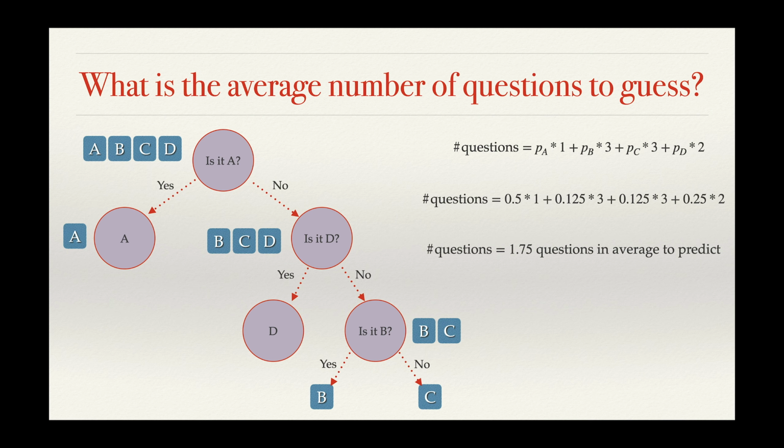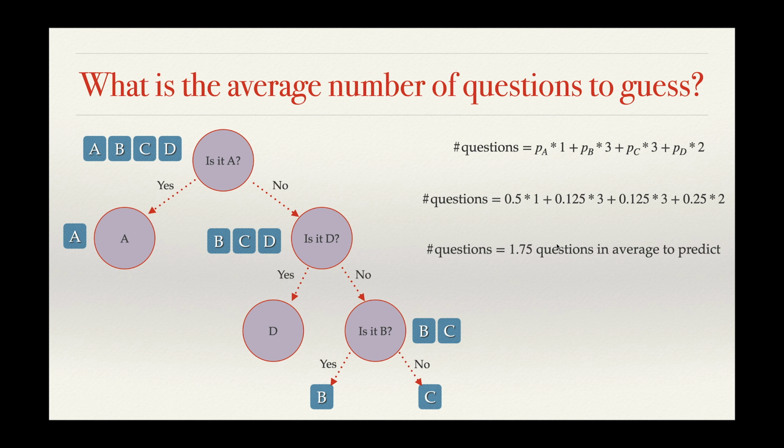Now when it comes to machine 2, we actually have something different, because for symbol A, we have only 1 question to get to A with 0.5 probability, plus 12.5% multiplied by 3 to reach B. So we have the first question, second question, third question, then we can get to B. The same for C, and for D we have 2 questions.